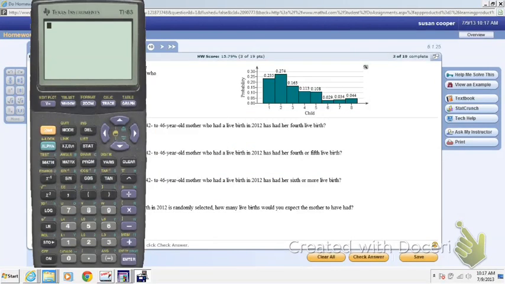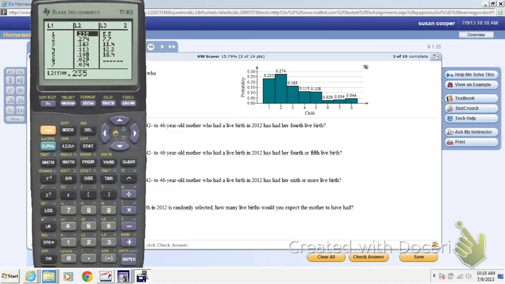Okay, so now that I showed you the formula and you know that from class, I want to show you kind of a nifty way to get through that calculation a little more easily. So stat, edit. Notice I put the number of children in L1, 1, 2, 3, 4, 5, all the way to 8. And then what I did was I put the corresponding probabilities in L2.